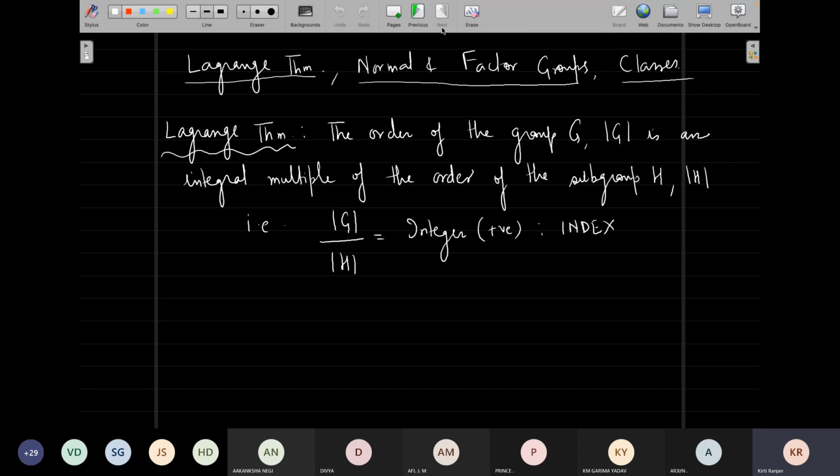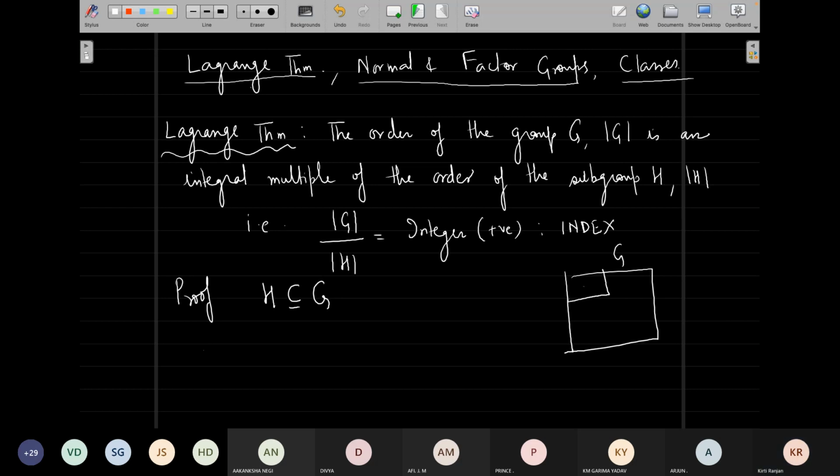It is a natural extension of what we were doing, but let's do it for the sake of completeness, to see why this happens. Let's think about the proof. Let's say there exists a subgroup which is contained in a group. The order of the subgroup is mod H and the order of the group is mod G. Let's say this is my entire group, and I have considered H here.